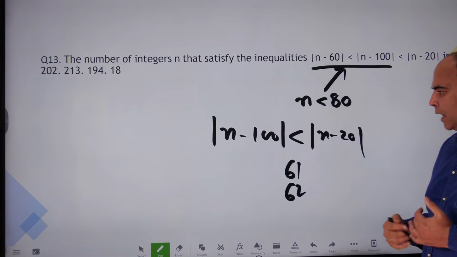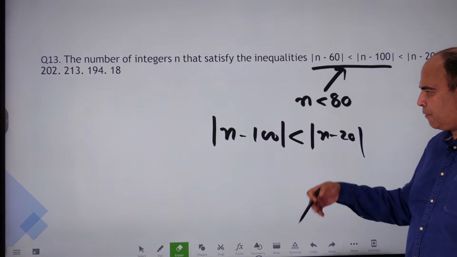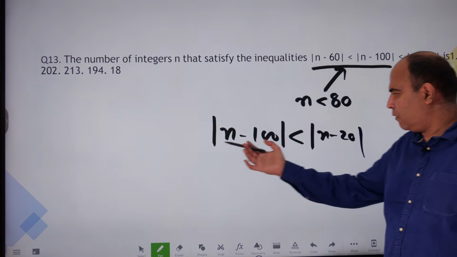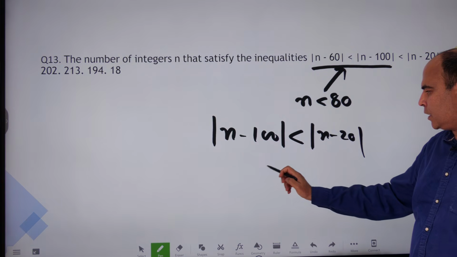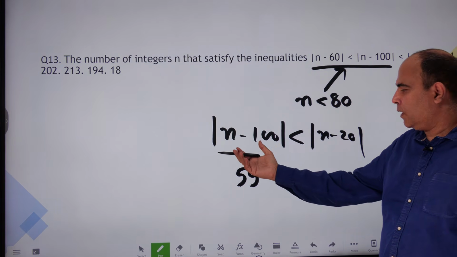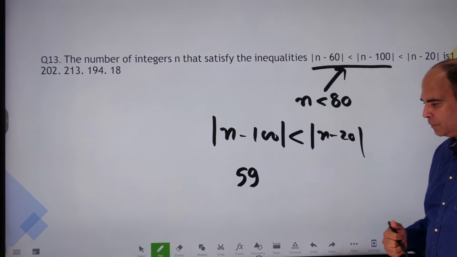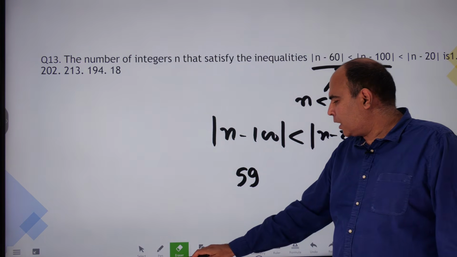So starting from n equals 60, this is going to become equal, and from 61 onwards we have the inequality satisfied. If I just check to confirm at n equals 59, this becomes 41, this becomes 39. So 41 less than 39 does not match our requirements.